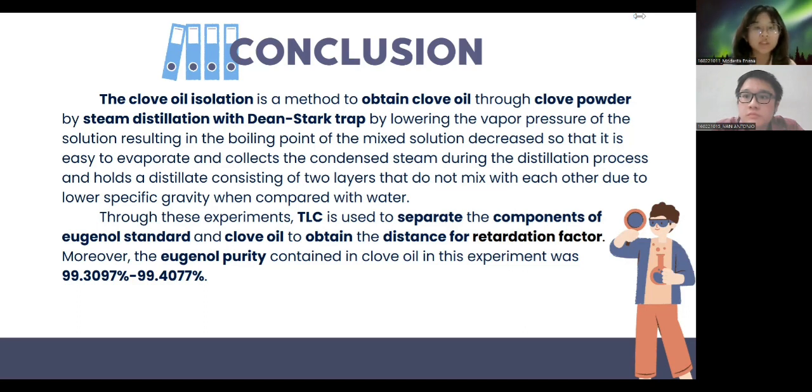Through these experiments, TLC is used to separate the components of the eugenol standard and clove oil to obtain the distance for the retardation factor. Moreover, the eugenol purity content in the clove oil in this experiment was 99.3097% to 99.4077%.